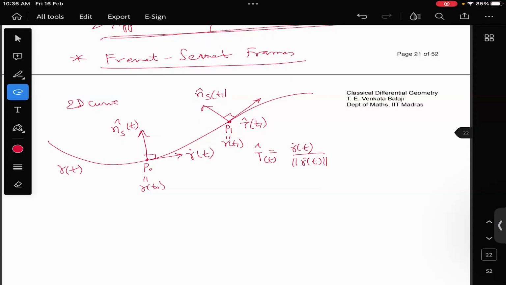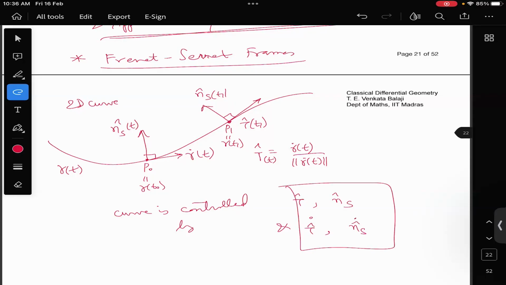So you see what is happening is that the curve is controlled by this T cap, this N cap, and their derivatives, T cap dot, N cap dot. It is controlled by these four things.